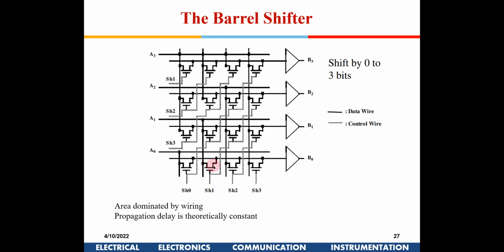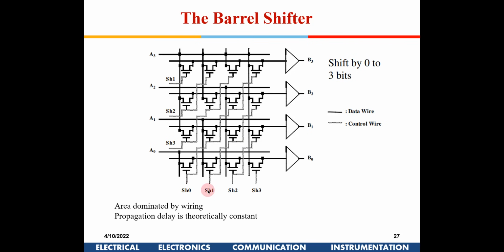A3 will be coming out here and it will come to B0. Similarly, A1 will be coming through this transistor to B0, and A2 will be coming into B1, and then A3 comes through this transistor to B2. So this entire bit is going to get shifted.